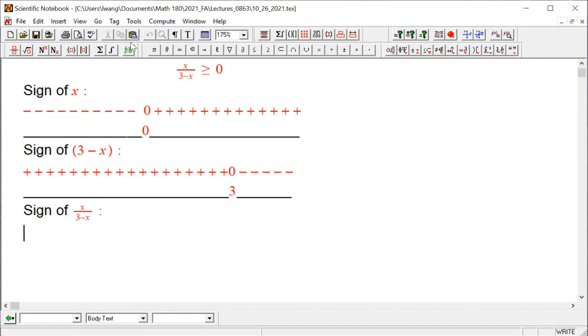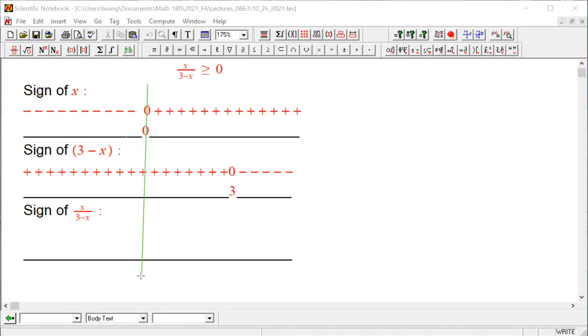Okay, what's the sign of the quotient? Three intervals, once again. So over here, that's my 0. Over here, that's my 3.